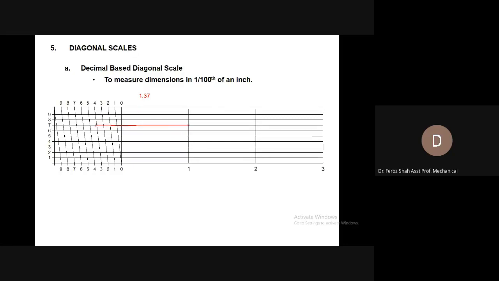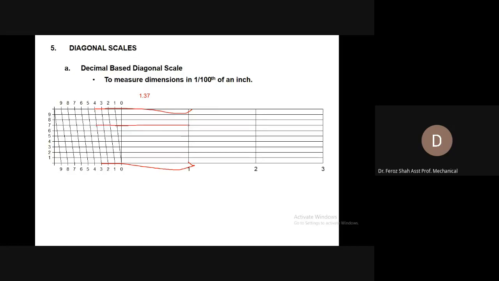Now you cannot take this dimension exactly with this diagonal scale because either you will be taking this distance or this distance exactly with these two faces, but you cannot get this length exactly with these faces.